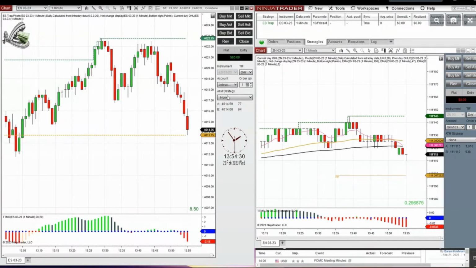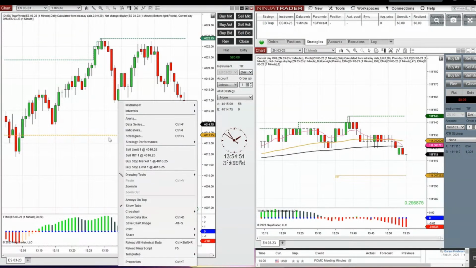So what we're looking for is movement up and down. That's what I anticipate, as you've seen on so many of the previous setups, previous events.